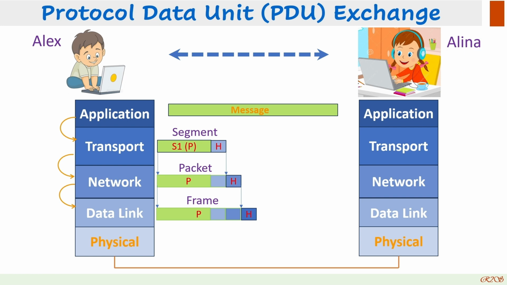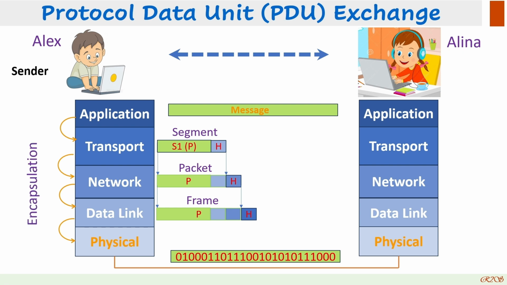Then the data link layer forwards this frame to the physical layer, and the physical layer converts it to 010101 binary values and forwards it through the networks, through the internet, through the network devices. This whole process in the sender, Alex's laptop, is called encapsulation. That means every layer adds a header, and together it creates a PDU.